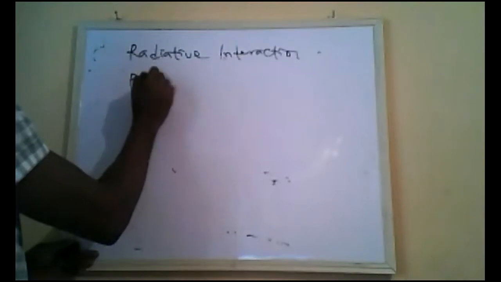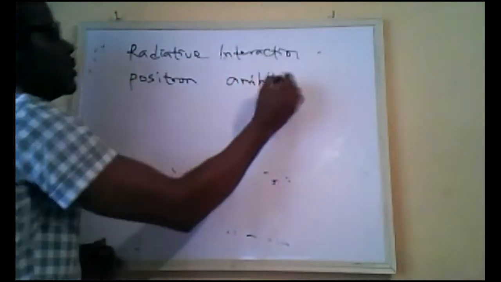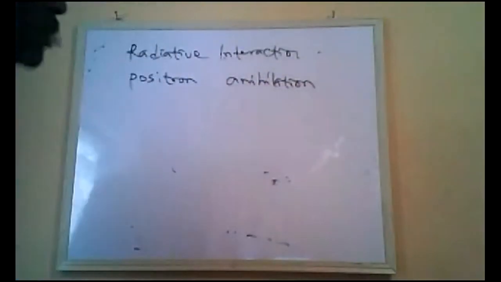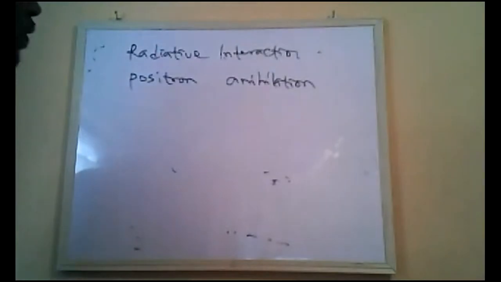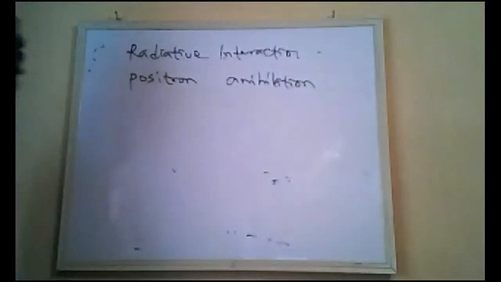Then we look at positron annihilation. We've been talking mainly about electrons and so on. At times, the charged particle might be a positron.